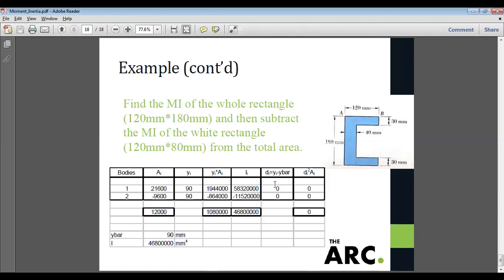Some problem is there. You can apply the whole methodology as we have done earlier in the previous example, and on that basis you can also solve this example.